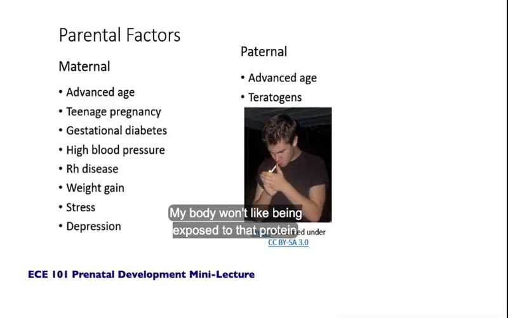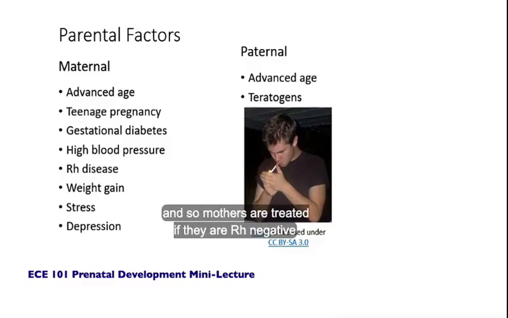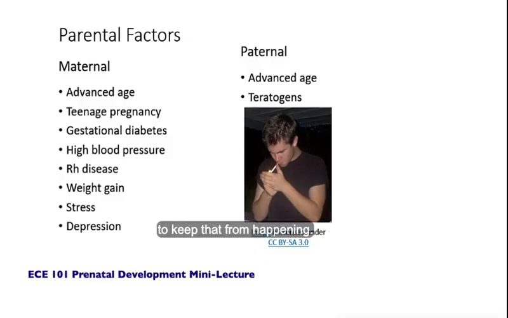My body won't like being exposed to that protein, and so it will cause my immune system to go into thinking there's some sort of foreign substance that it needs to take care of. This doesn't cause an issue with first pregnancies. It causes an issue with later pregnancies. And so mothers are treated if they are Rh negative to keep that from happening.